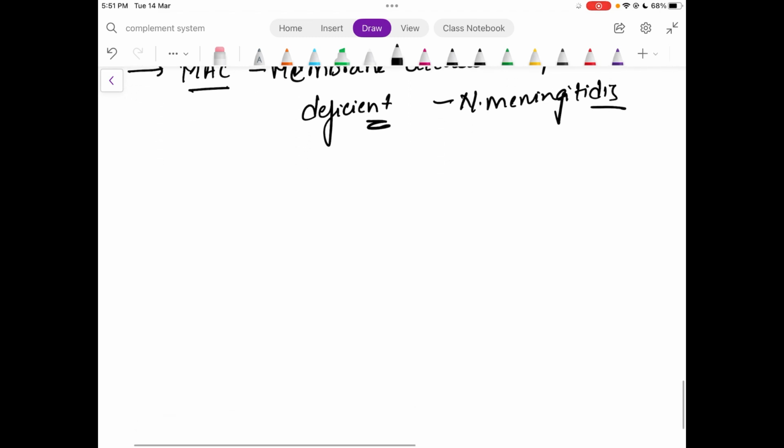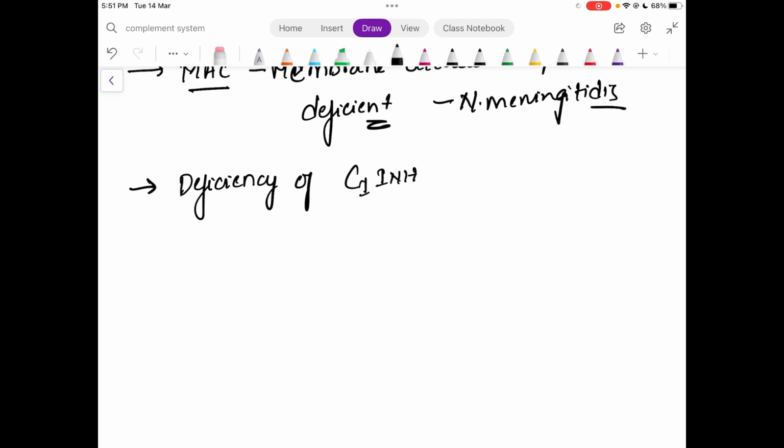Okay, next, one more important deficiency is deficiency of C1INH. What is this? C1 inhibitor.